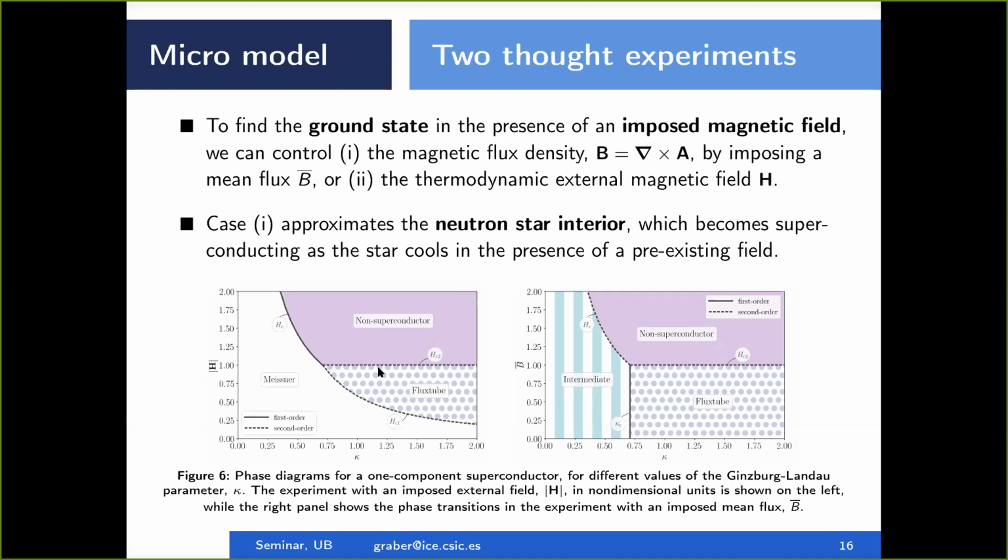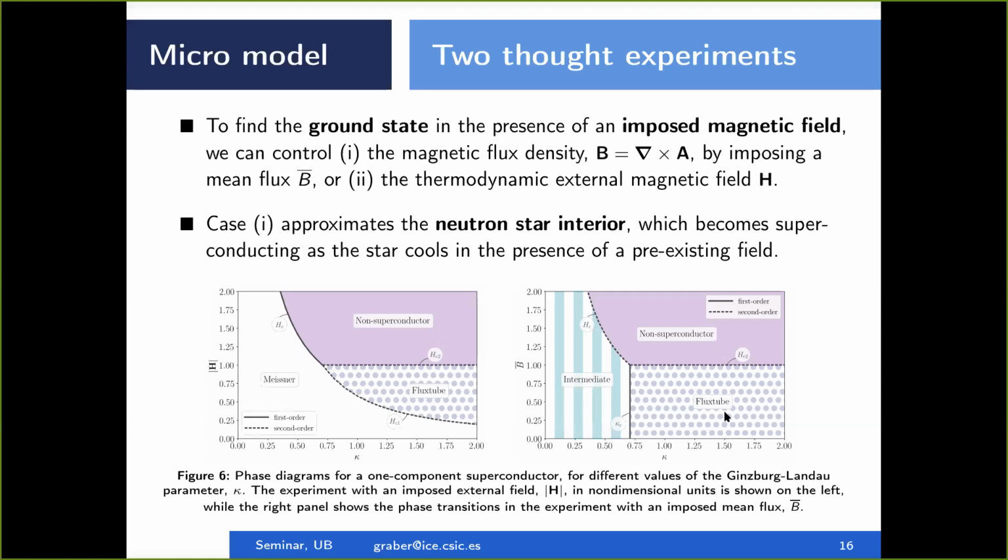So this is the picture where I have H as the control parameter. I have a first order phase transition here, where I abruptly change the magnetization, and second order phase transitions here, where I have this flux state in the middle to mediate the transition. If I go into the B picture, I never have the case where I have no flux unless I'm really on the x-axis here.